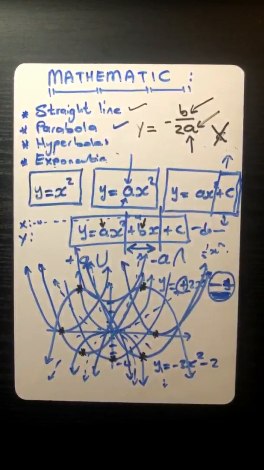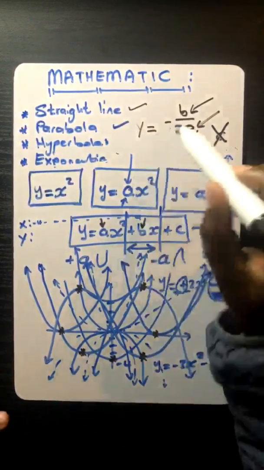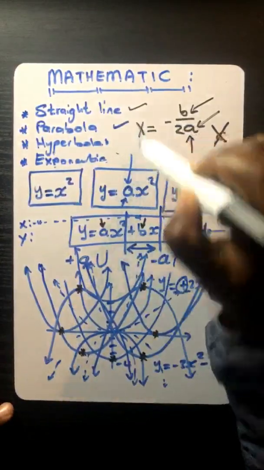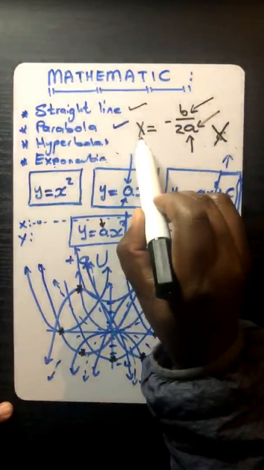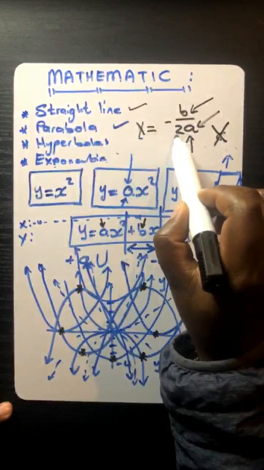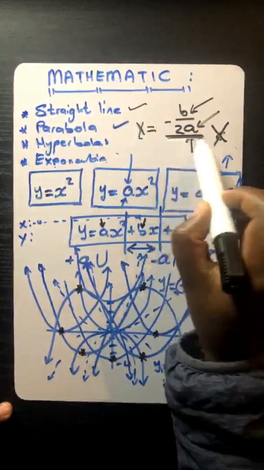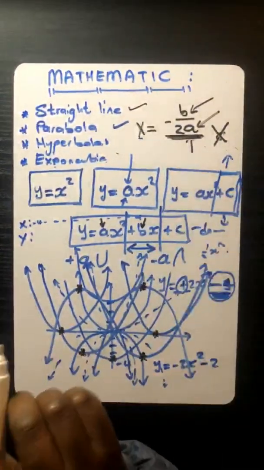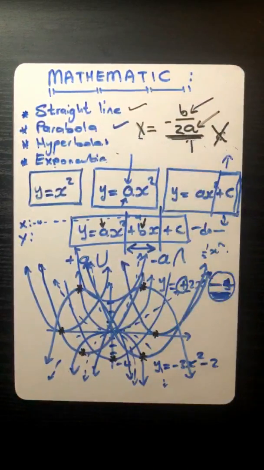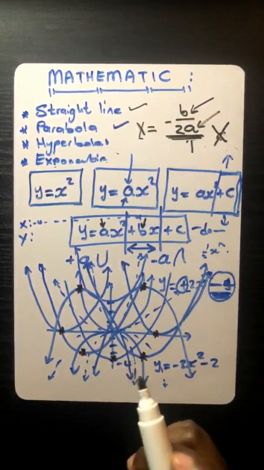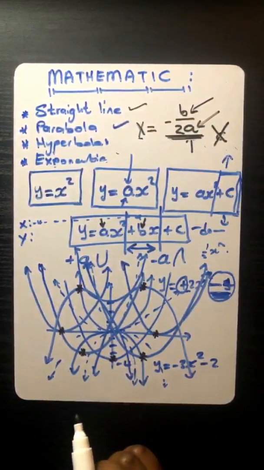I was saying that it is supposed to be X, not Y. Oh, yes, 100%. The whole value is supposed to be X is equal to minus B divided by 2A.